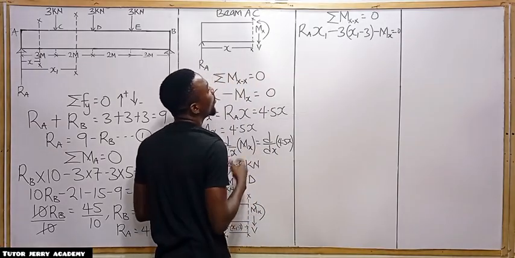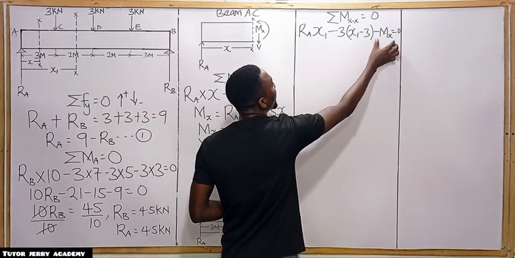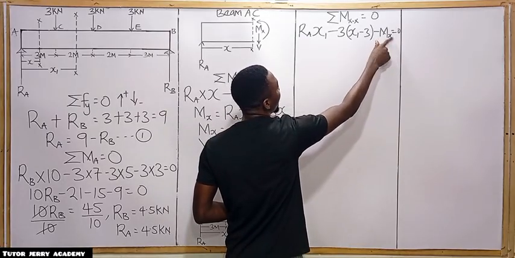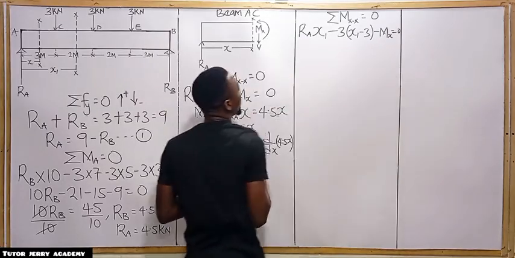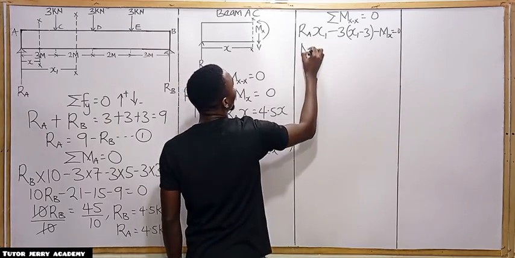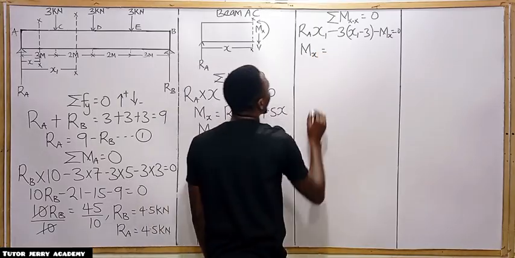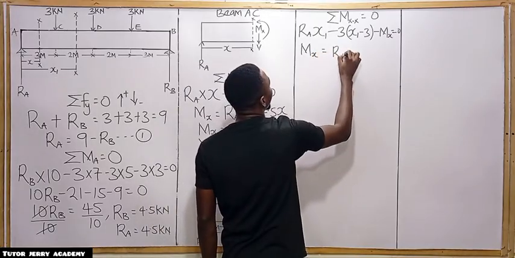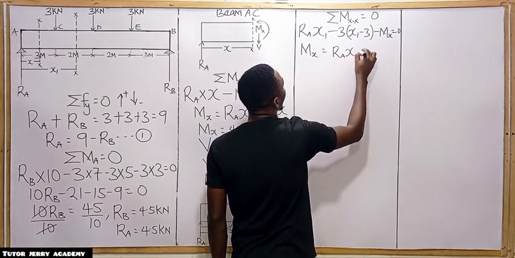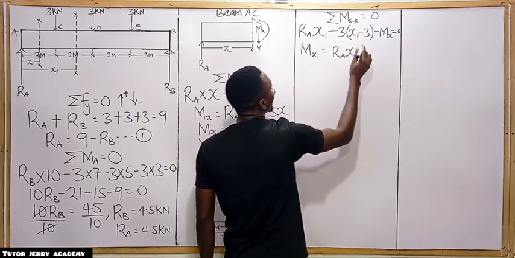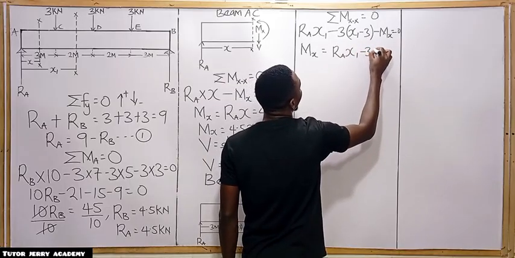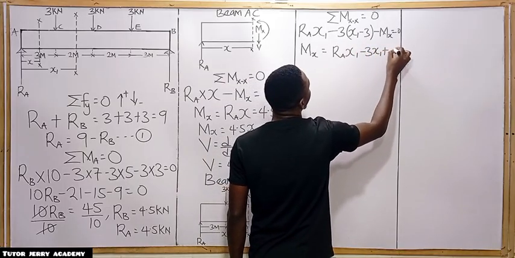All right. So if you make M_S the subject here, we should just take it to the other side. You can write this equation as M subscript S, that is the moment about the section part, equals reaction at A times S1. Then if you open the bracket, you are going to have minus 3 S1 plus 9.